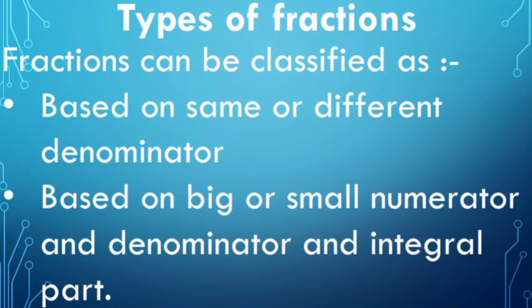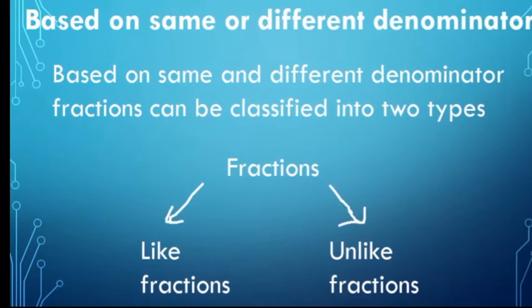And based on big or small numerator and denominator and integral part, this means that if a fraction has a bigger numerator than denominator, or a smaller numerator than denominator, or it has a whole number in it, it is classified based on that. So first let's see the first classification.